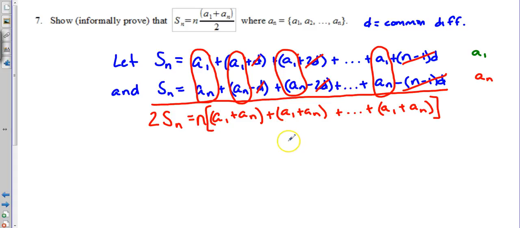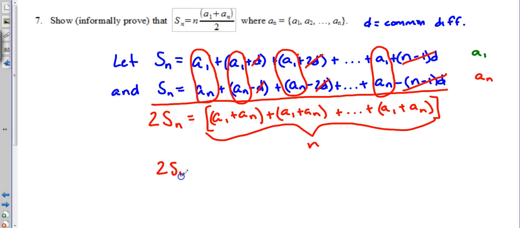So there are n of those. Sorry, I shouldn't have written it like that. That's a little misleading. N of these a sub 1 plus a sub n. So to rewrite that, we've got 2 times S sub n is equal to n times (a sub 1 plus a sub n). All right, and you can kind of see where this formula is going to fall out here.